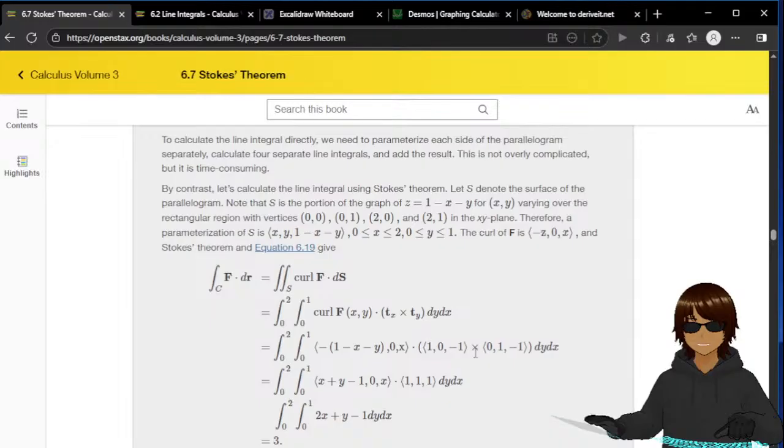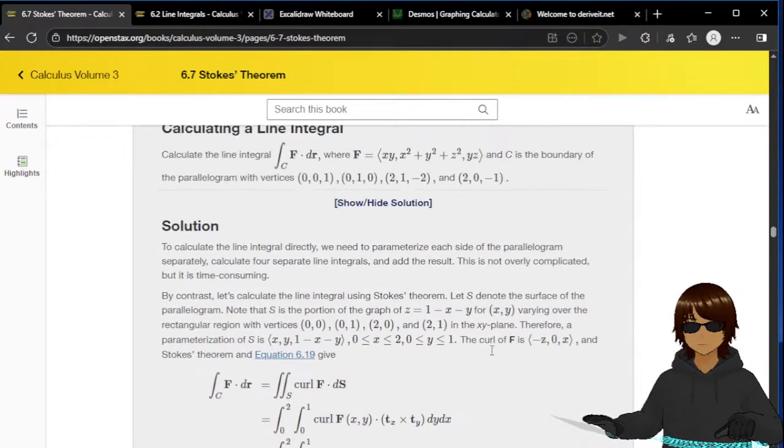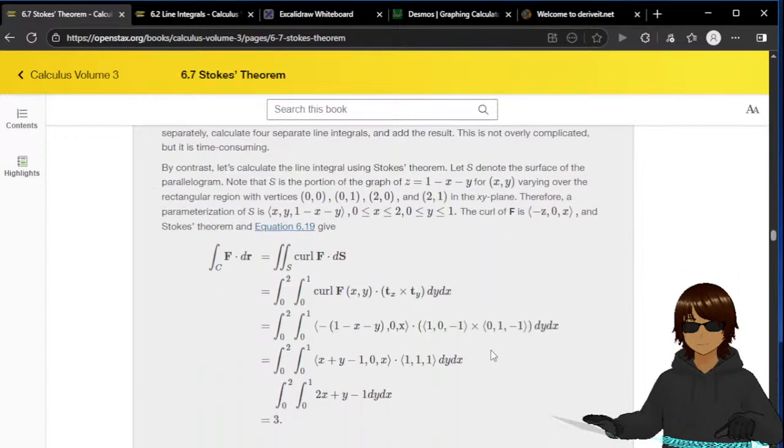But what I don't understand is how they got this: 1, 0, negative 1, 0, 1, negative 1.